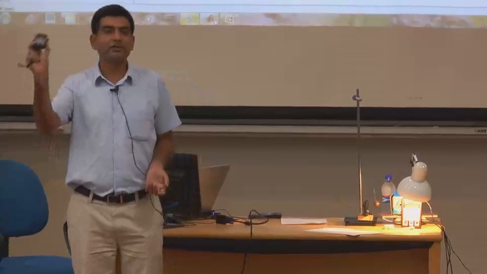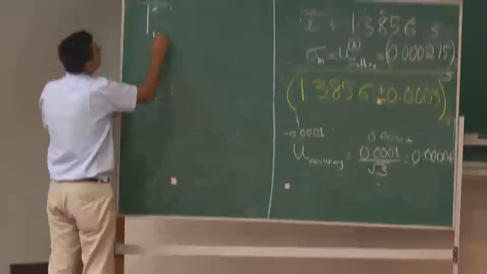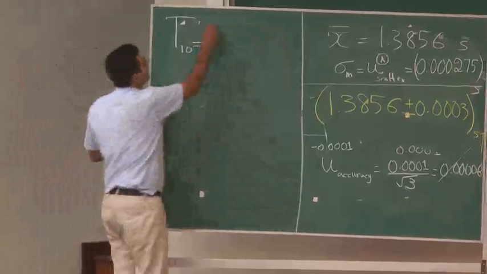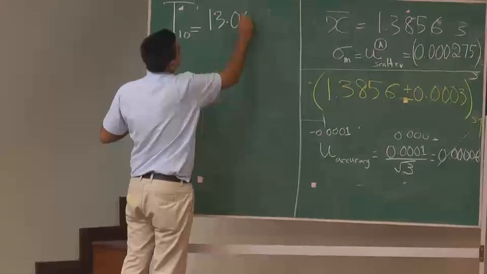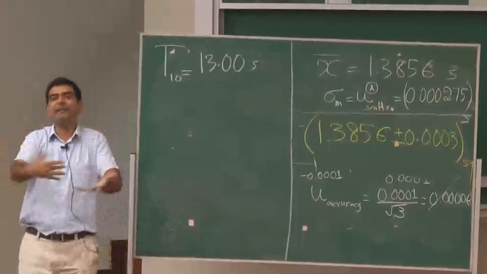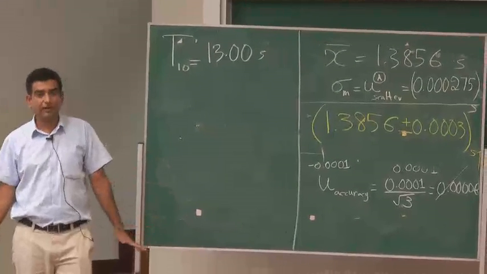By luck, I just got 13.00 seconds. Alright. So the time that is required for 10 oscillations, I call it T10, is 13.00 seconds as evidenced by the reading that appears on the scale of the stopwatch. Okay?